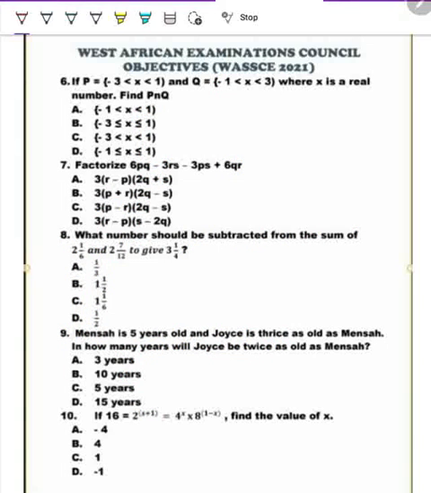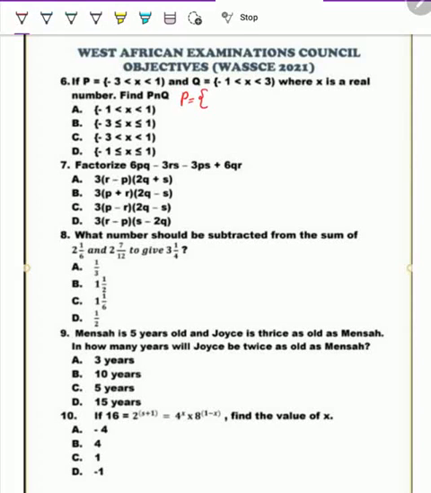Right, for the first question, we have if P is equal to the set of x given as -3 less than x less than 1.